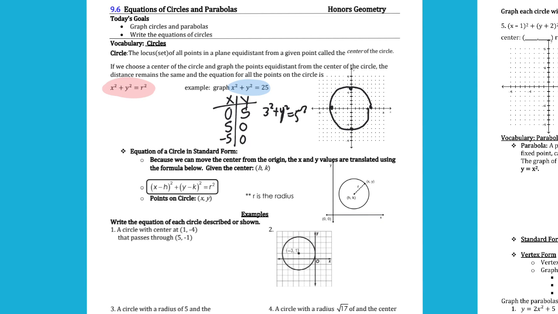So if you graph the point 3, 4, yes, that would be a point on this graph, and so would 4, 3, and negative 3, negative 4, and negative 3, positive 4, and all of those. Those are some of the points that make it true, as long as the value of x of the ordered pair squared plus the value of y squared, added together, make 25.